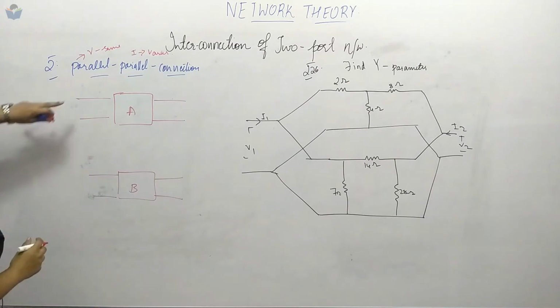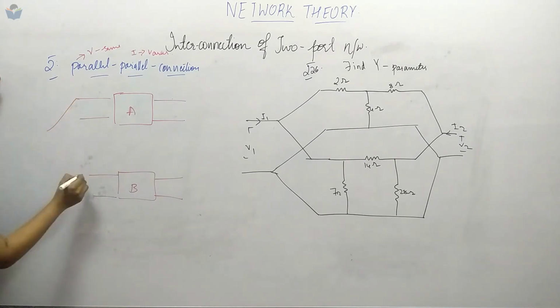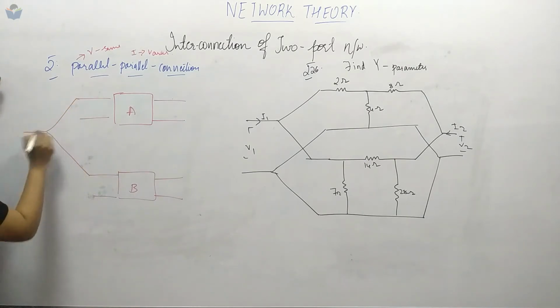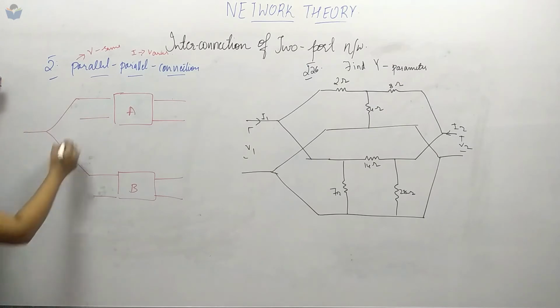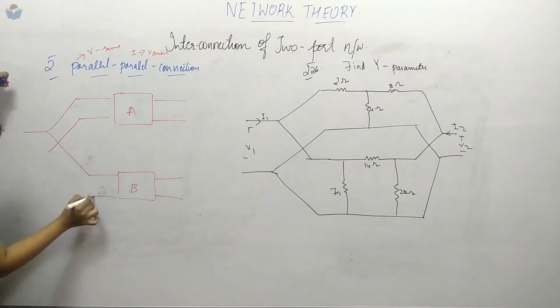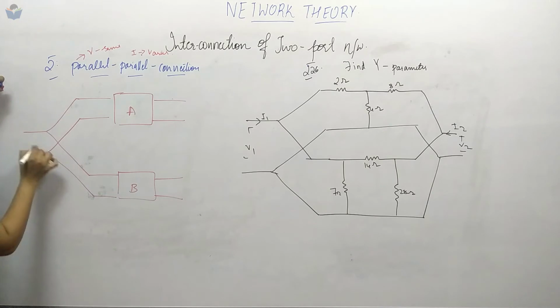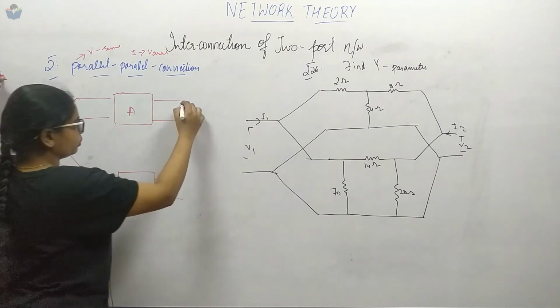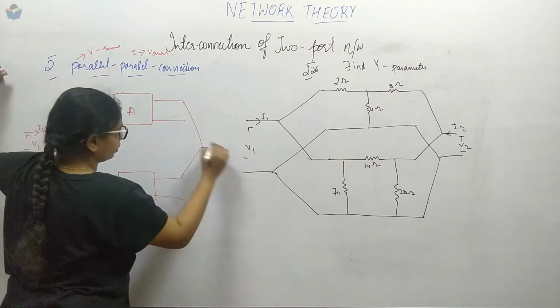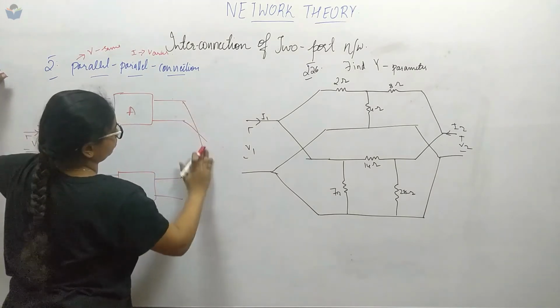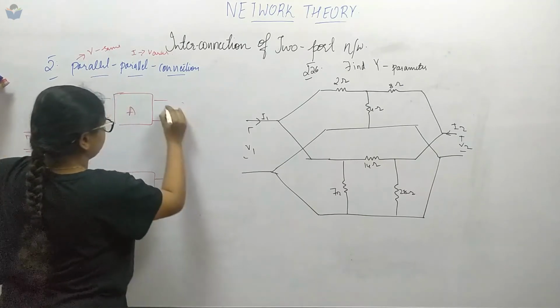So what we have to do is connect this first terminal with the first terminal of the two-port network. Similarly the second terminal, and this will be our V1 and here the current will be I1. Same thing we will do over here, first and first.